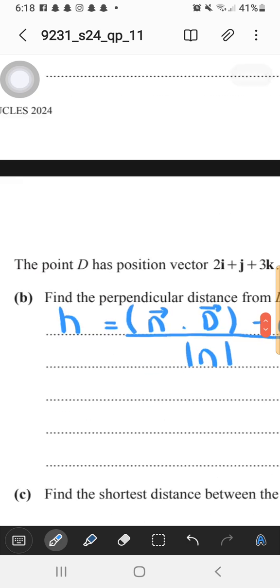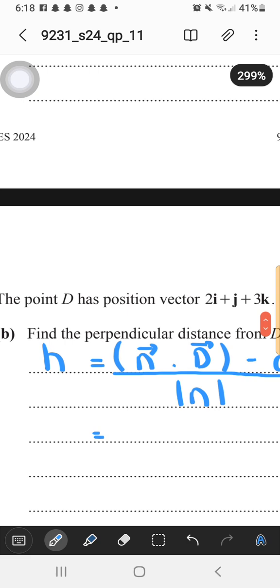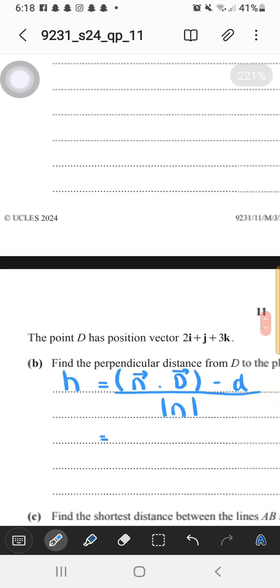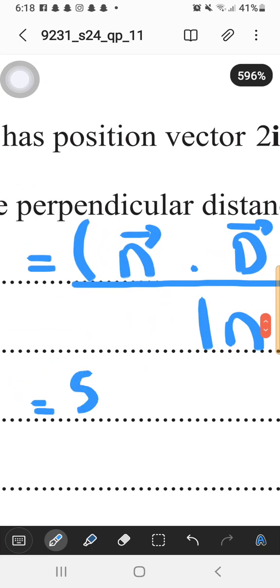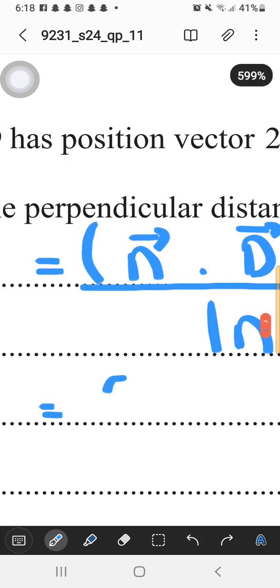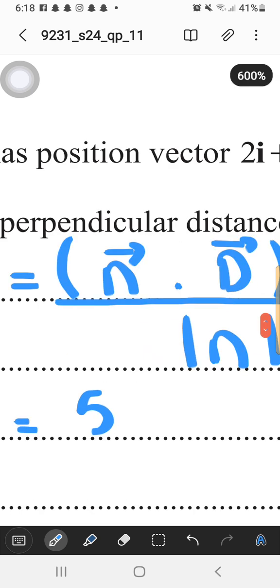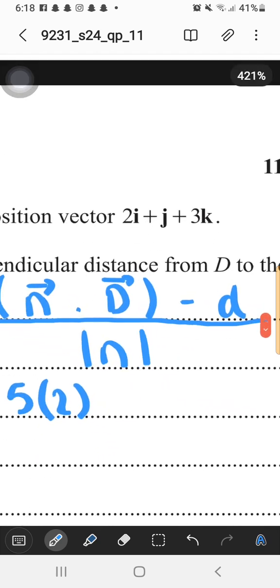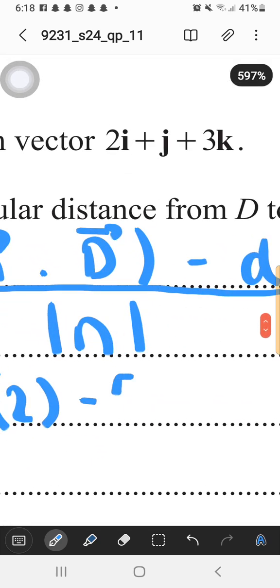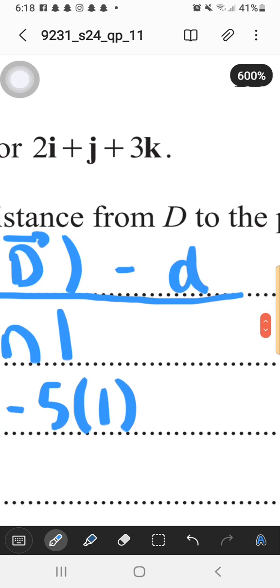Okay, so if we do the dot product, normal multiplied by point D. What was the normal? The normal was 5i. The i multiplied by i becomes 1, and then 5 multiplied by 2 becomes 10. There was minus 5y, meaning minus 5j, and j multiplied by j becomes 1, so here is minus 5 multiplied by 1.